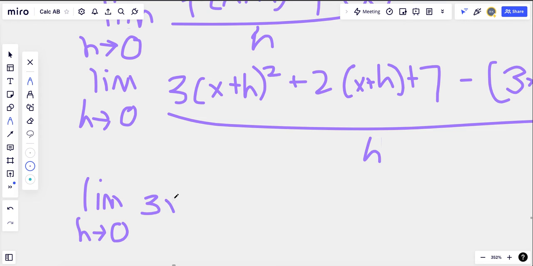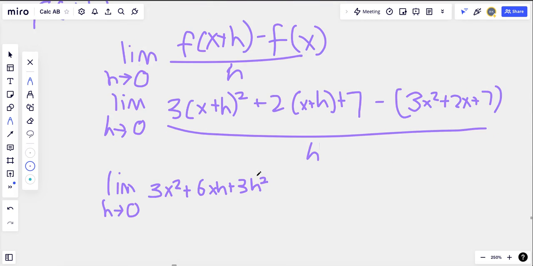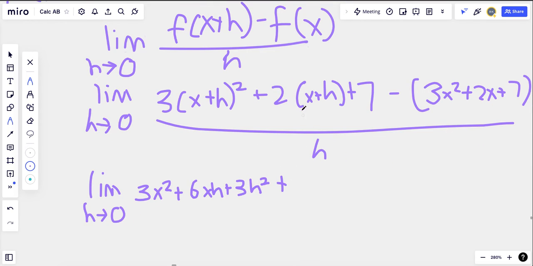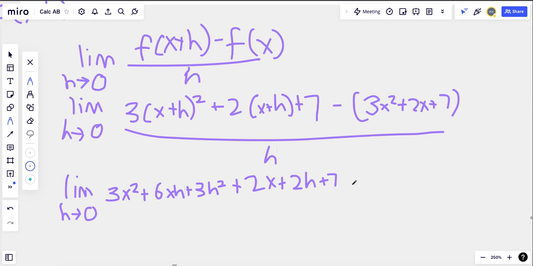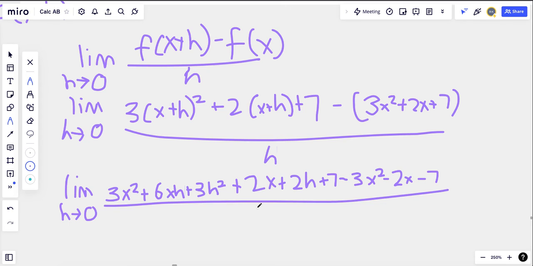This is 3x squared plus 6xh plus 3h squared, and then plus 2 times, okay, 2x plus 2h plus 7, and then let's distribute this, minus 3x squared minus 2x minus 7 all over h.